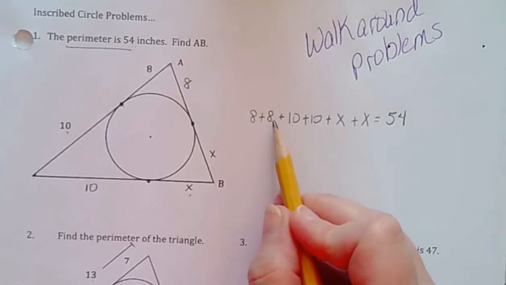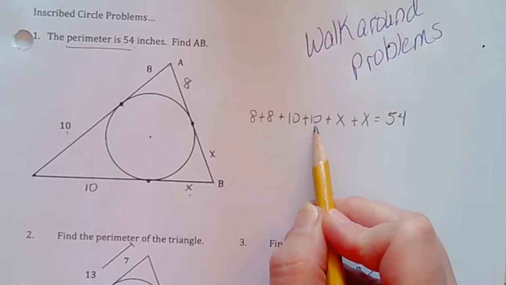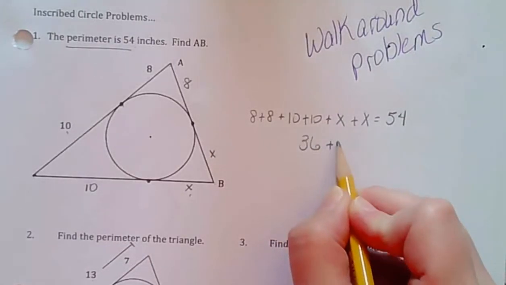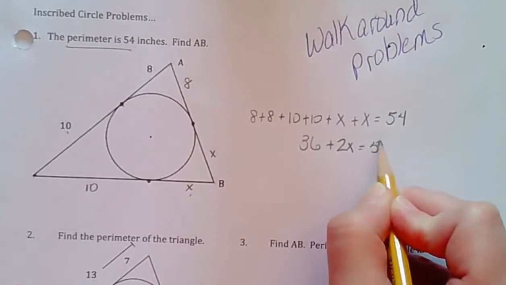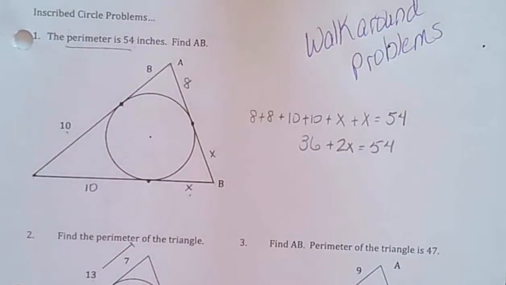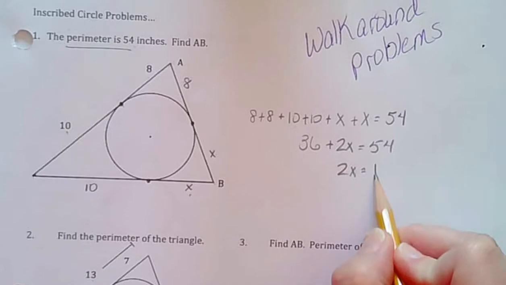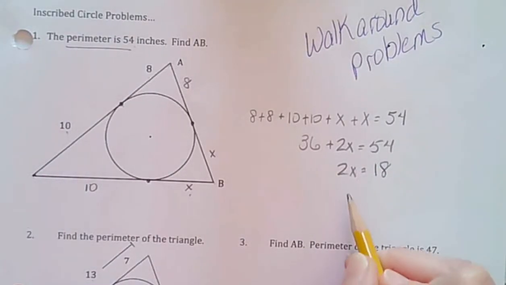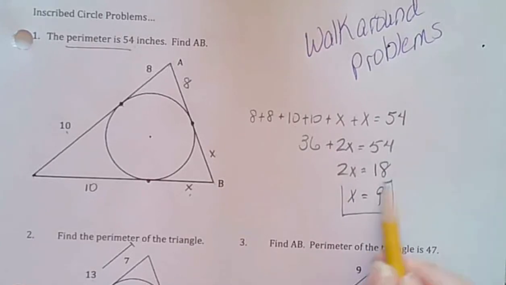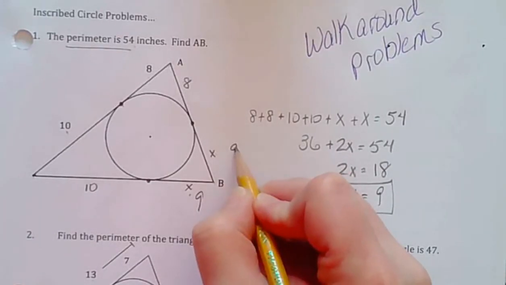So this is 16, 26, 36 plus 2x is equal to 54. Minus 36 from both sides gives us 18. Divide by 2, and x is equal to 9. This is 9, and this is 9.